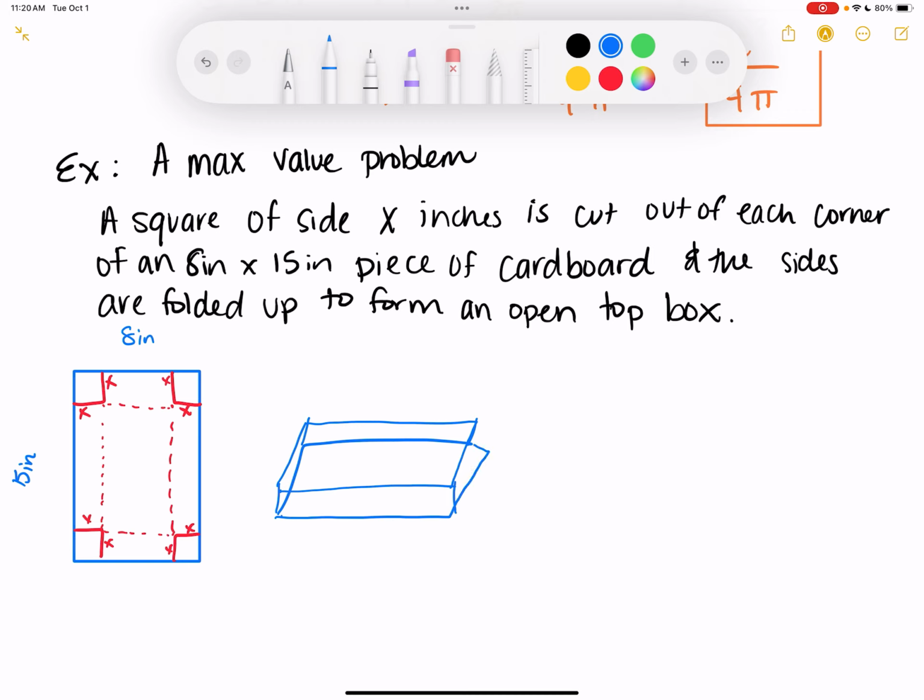An open top box, okay? I'm going to try to color it in a little bit here. So it's open.